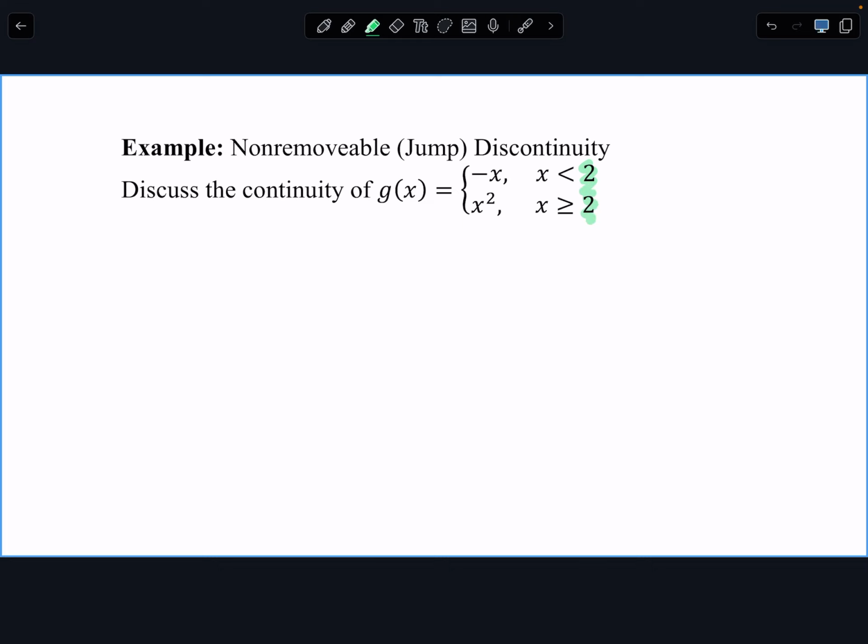Why we're thinking about x equals 2? So we're thinking, is g continuous at x equals 2? And again, the reason we are focusing on 2 is this is where the domain switches or changes.